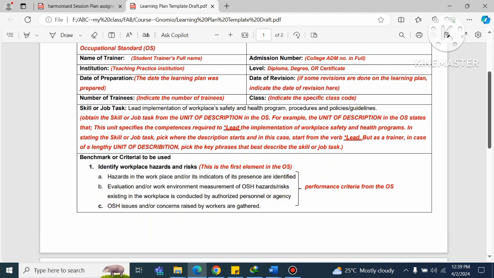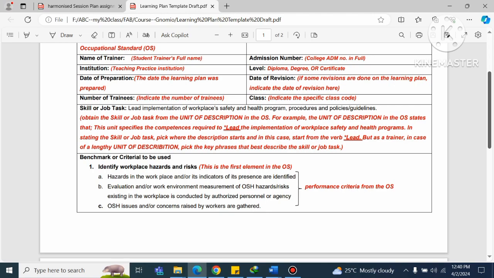In stating the skill or job task, pick where the description starts, and in this case it starts with the verb lead. Pick the key phrases that describe the skill or job task that you want to be achieved. This part is very important, and you should get it from the unit description in the OS.